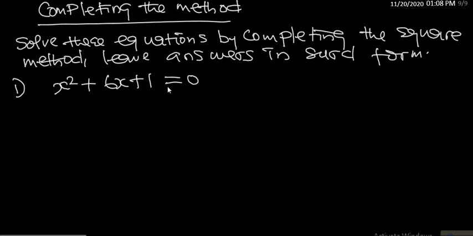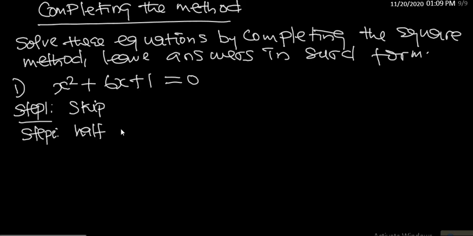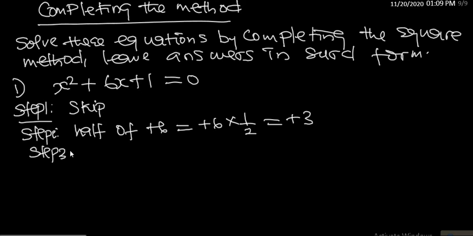Now that you know how to complete squares, you follow those 4 steps we have been using. Step 1, divide through by the coefficient of x squared if there is one, but the coefficient is 1, so we'll skip. Step 2, you take half of the coefficient of x, half of plus 6, which is plus 6 times 1 over 2, which is plus 3. The third step is to square the half.